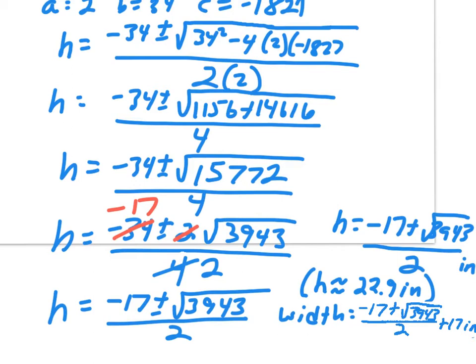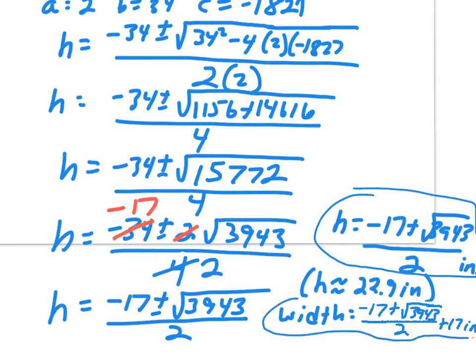So the width is negative 17 plus root 3943 over 2 plus 17, because that's that extra 17 inches for the width. And that's approximately 39.9, so that makes sense. So those are my dimensions. That is my height, and this is my width for that. So kind of a funny answer, but that's okay.